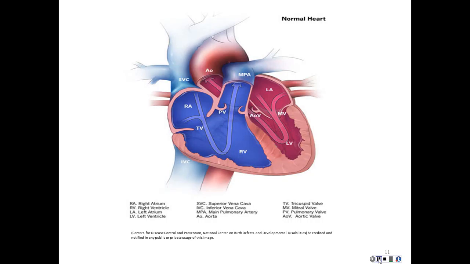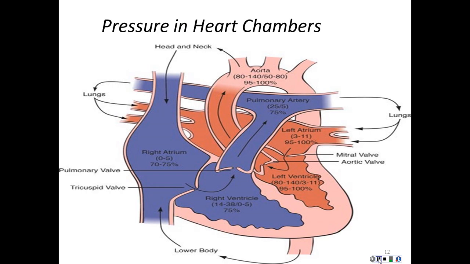It comes from the left atrium through the mitral valve, then out through the aortic valve, into the aorta, into systemic circulation. Very important that you can trace the blood back through, because as we look at these congenital defects, the path of blood is very different as we look at some of these processes.